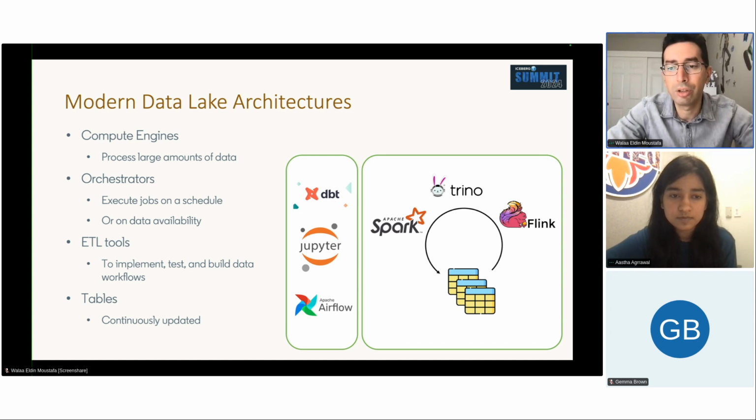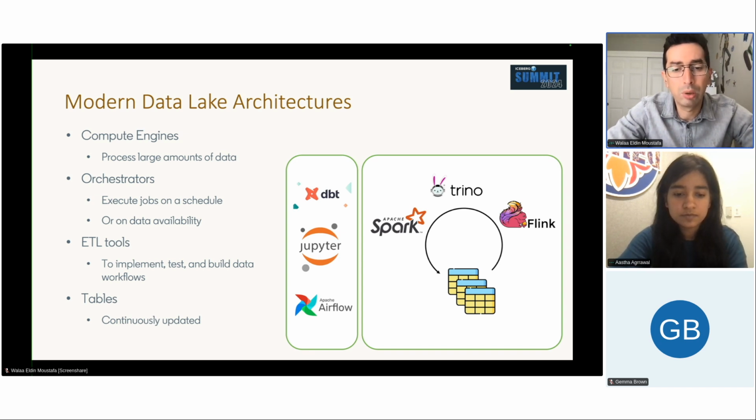Flink is another engine, and it has use cases in both streaming and batch, typically convergence use cases between streaming and batch, as well as some orchestrators that users typically use for scheduling jobs that happen through those engines.